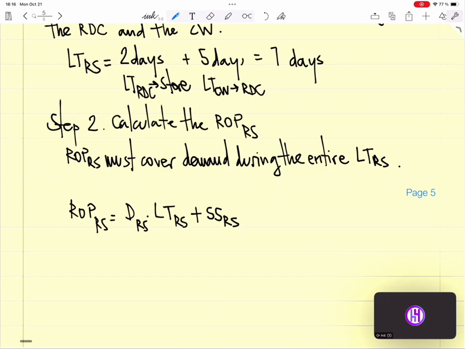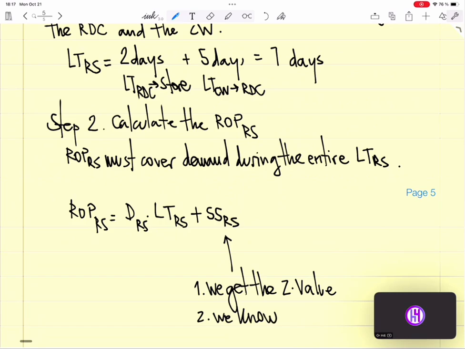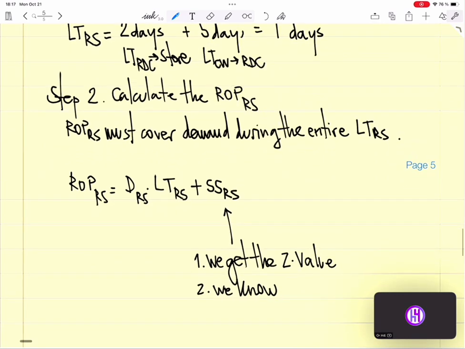And the safety stock at the retail store. To calculate the safety stock, we have two ways. One way, we get the Z value, as we saw the other day, for which we need the standard deviation, as we saw in the examples last week.